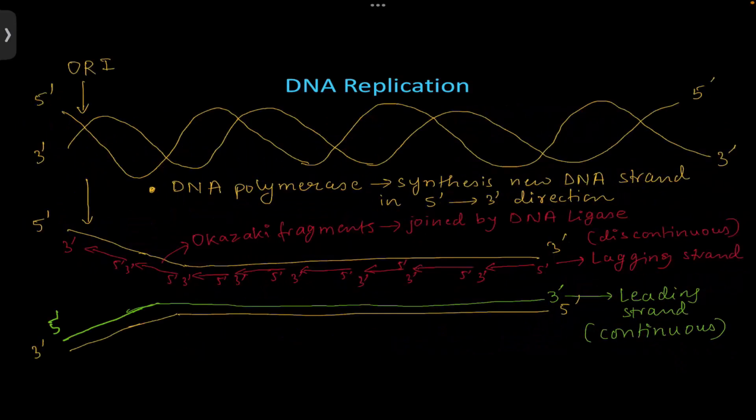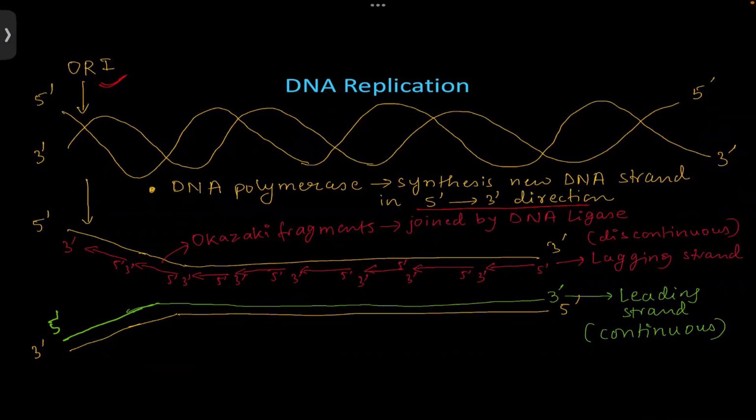So suppose this region is the ori, and this is the original, the parental DNA molecule. As I told you, replication always happens in the 5' to 3' direction, meaning the DNA polymerase can synthesize the new strand only in the 5' to 3' direction.